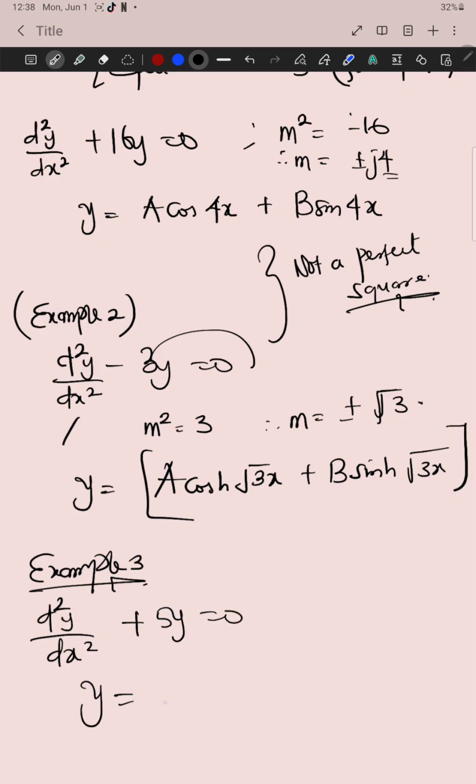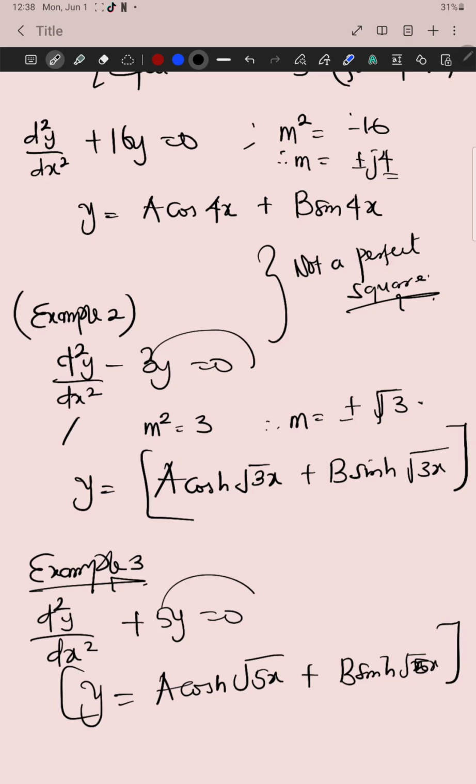What you have now is y is equal to A cos 5x plus B sin 5x. All right, so that is that about that.